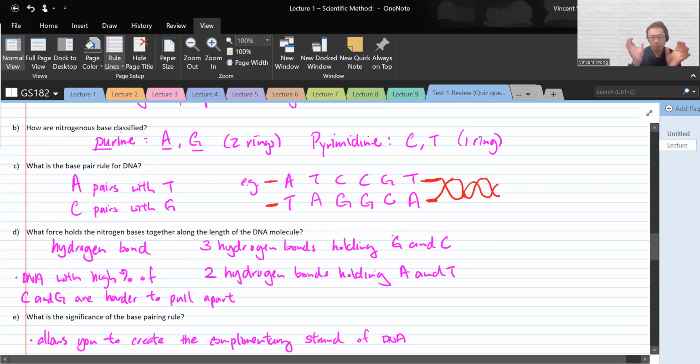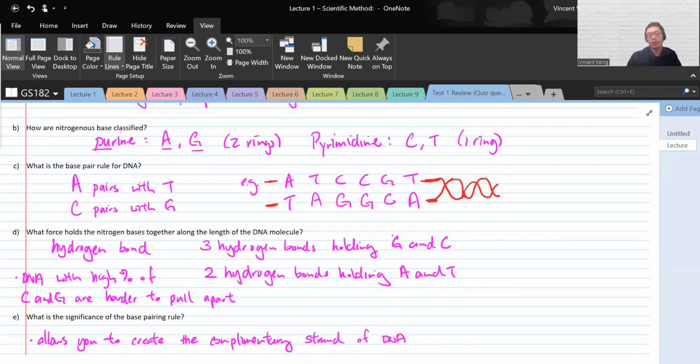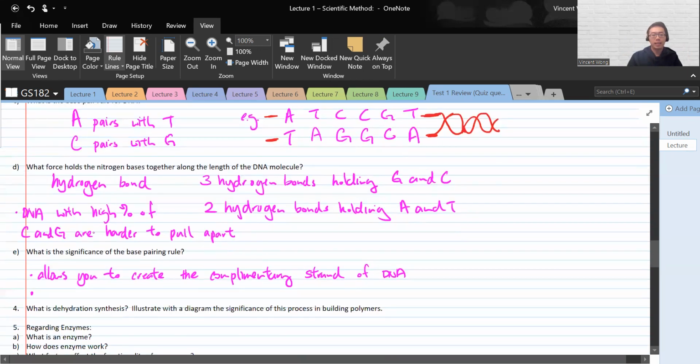So across the width of the DNA, it's always going to be 3 rings wide. So this base pairing rule ensures constant width along the DNA strand. Okay, so these are some of the things that you should be aware of.